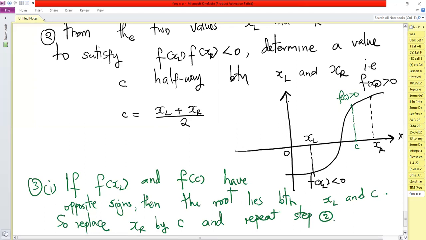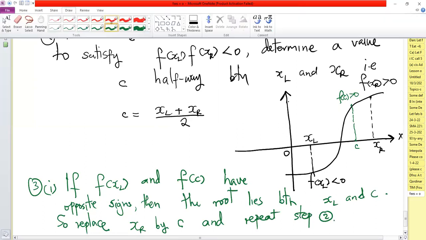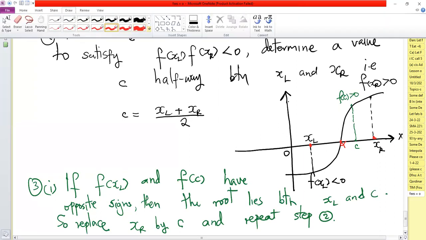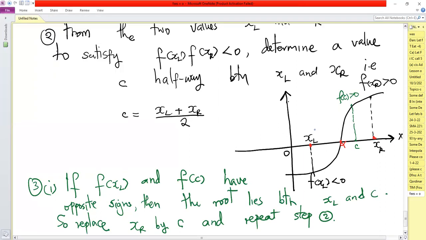So you see the main objective is to get this value. At this point, we have the exact root, say alpha. So we have this interval from xl to xr. Our main aim is to do iterations that try to reduce this distance from xl to xr so that we approach this point alpha.